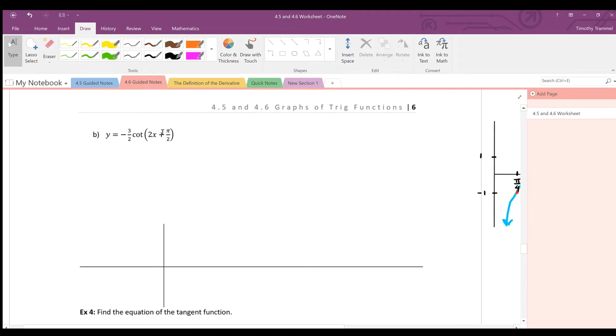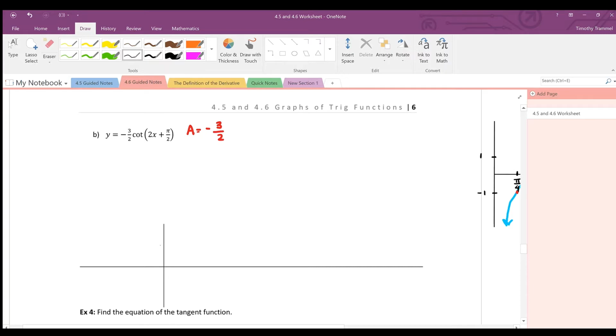On to part B of example 3, and I want us to note a couple things here. One is that our A is equal to minus 3/2. So remember, not only is this going to cause a vertical stretch, which maybe I'll fill in right now. And by fill in, I mean write in the tick marks for it.